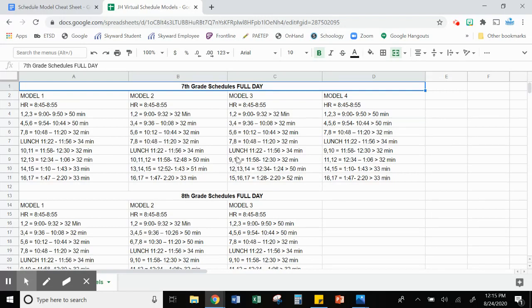So now I'm going to take you through how you as an individual are going to determine what model you would follow as either a 7th grade student or an 8th grade student.